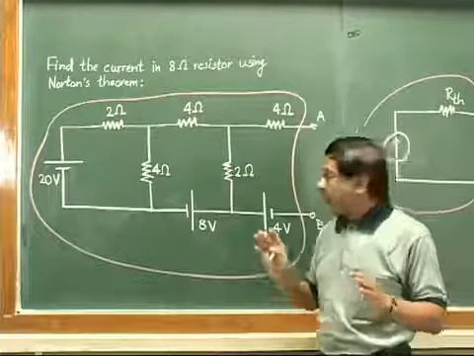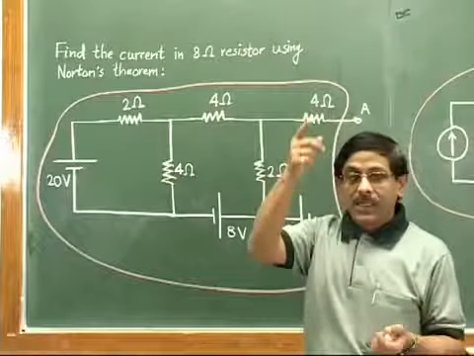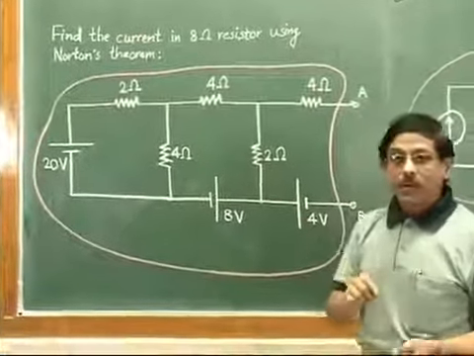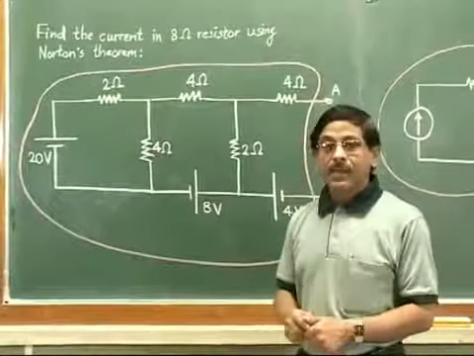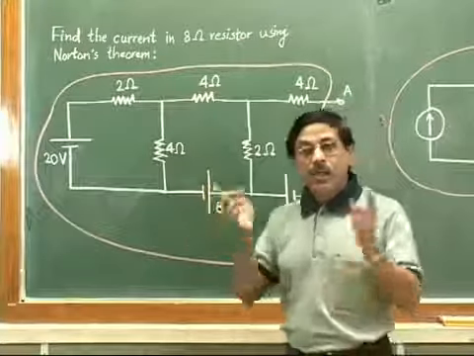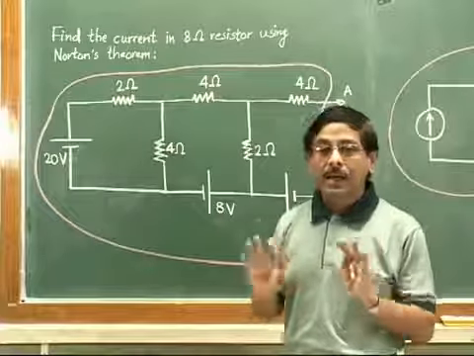There is a simple idea to make this entire circuit passive. If there is an ideal voltage source, we have to replace it with a short circuit. If there is an ideal current source, then we have to replace it with an open circuit. But if these sources are practical sources in the given circuit, then we have to replace both voltage and current sources with their internal resistances.